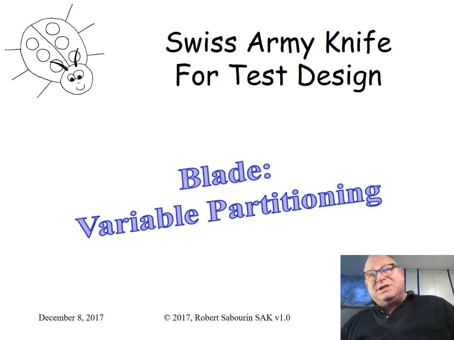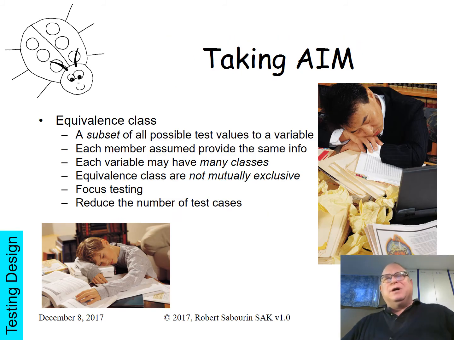So once we have chosen a variable and we are going to deliberately choose values for it, a great way to choose values is called variable partitioning. I like to use variable partitioning using equivalence classes. This is a term that comes from domain testing. An equivalence class is a subset of all the possible test values a variable can have.